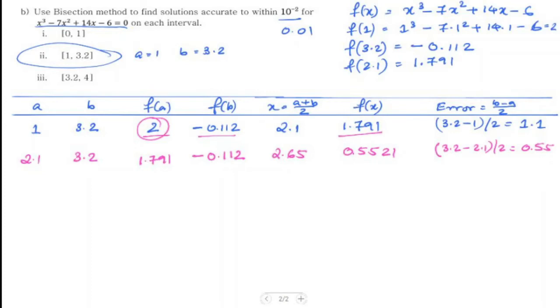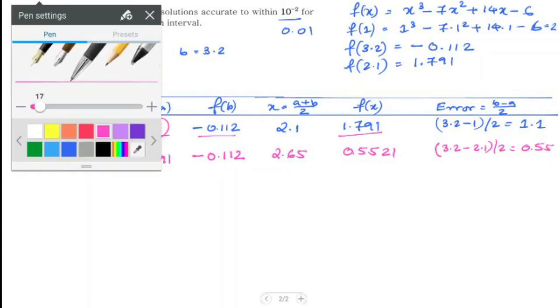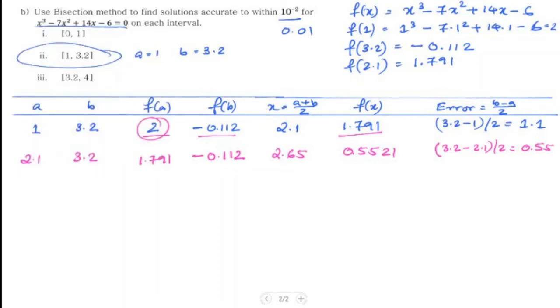Again, now checking what we'll replace. This one here is positive, and because it's positive, it will replace f of a again, which is positive, right? So instead of f of a, we'll now have 0.5521, and that's replaced.